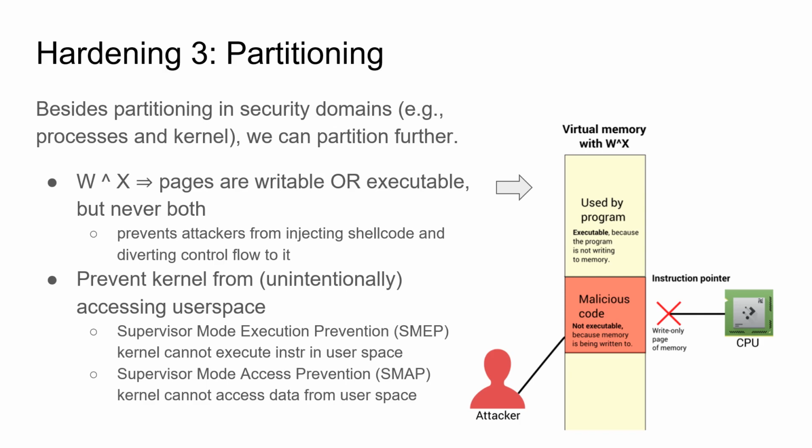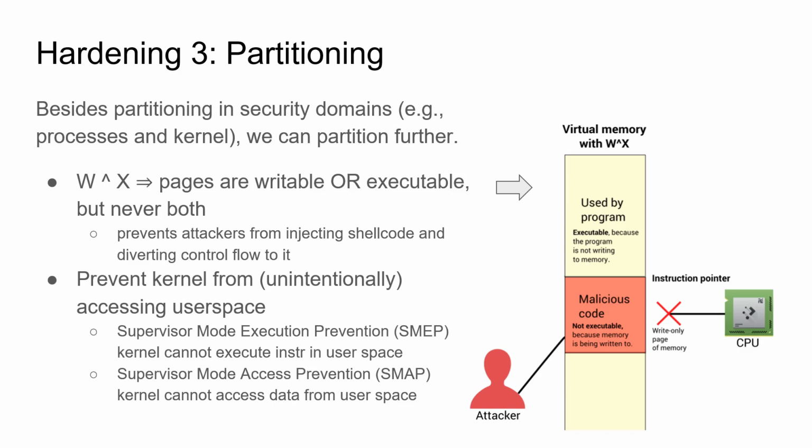A third way to do hardening is by means of partitioning. Partitioning is always good, and we've already seen this in previous slides when we talked about partitioning by means of memory protection and what have you. But we can do much more than this. We can partition further.